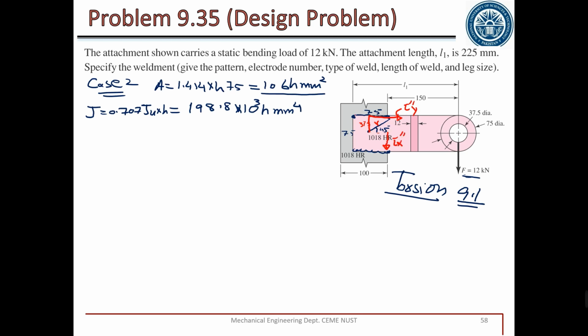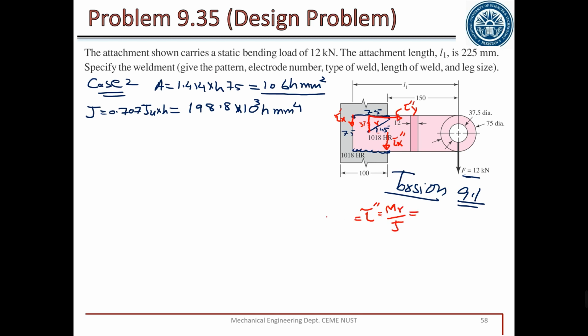Similarly, the primary shear is tau prime x. It is distributed, so it is very easy to just get the value of tau double prime x and tau double prime y. As we have the same R, the value of tau double prime is equal to Mr by J.